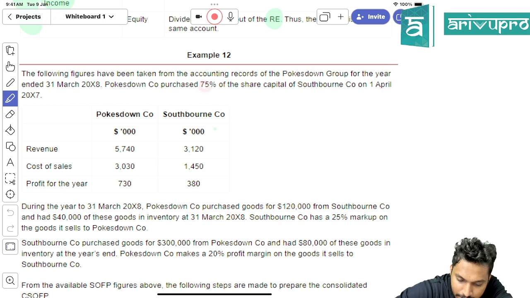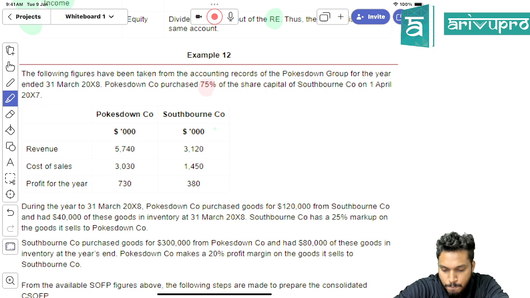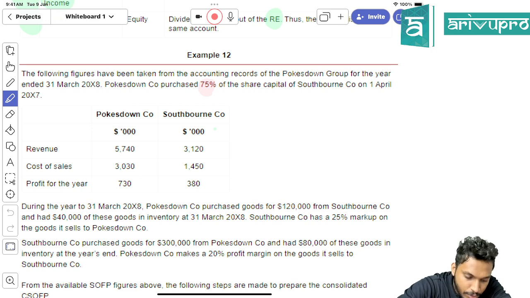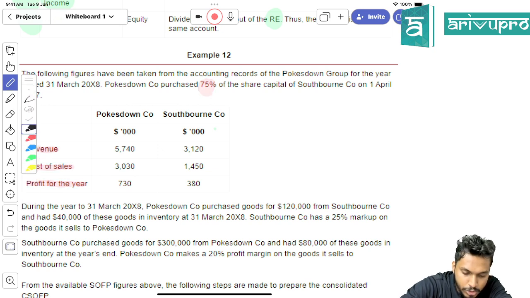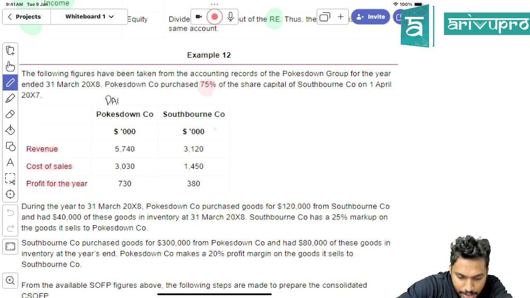P company purchased 75%. How much are they purchasing? 75% of the share capital of S company on 1st of April 2017. Okay, right. Then they have given the revenue, cost of sales, and profit for the period. So these are the three items that they have given. Then, who is the parent here? P company is the parent, and S company is your subsidiary.